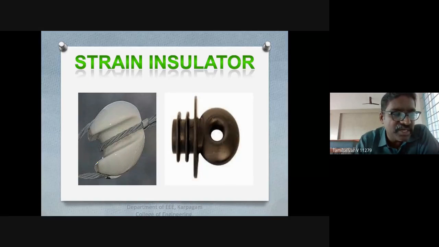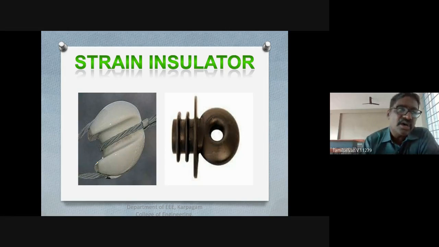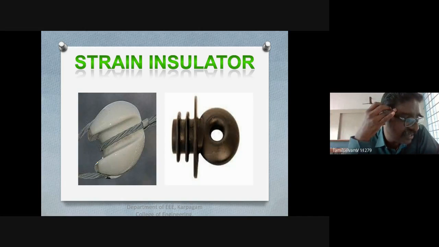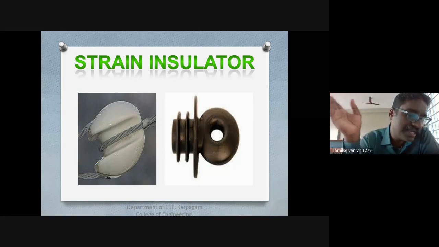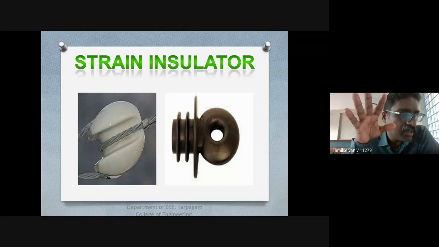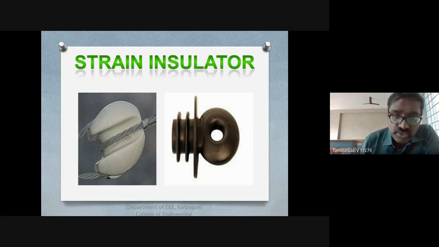But for higher voltages, the strain insulators will be assembled like suspension insulators, when the tension on the line is extremely high. For the higher voltages we use the suspension type of insulators as strain insulators, and they will be tied to the ground through a guy wire. So that is a strain insulator.